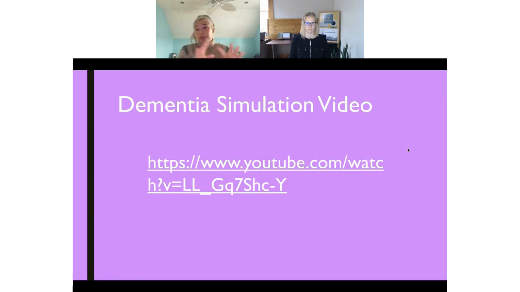They are suited basically with goggles, which give them a blurred vision effect, and kind of some confusion. They put substances in their shoes, which make it really hard to walk. I believe they put headphones on, which create a static effect, which is what a lot of dementia patients experience, especially as it progresses, which is why there's always confusion, because they hear voices and a lot of static.